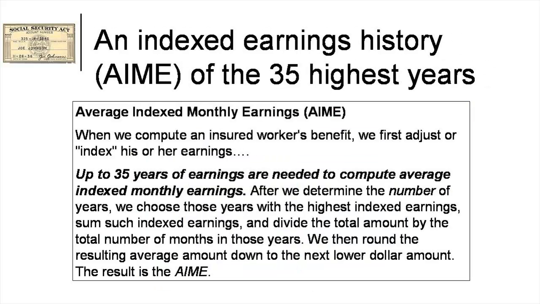Another important feature of this average index figure is that for many workers it includes fewer years of covered earnings than they in fact have. Only 35 years, for example, in the case of a retiree who may have worked 40 years or more. To the extent that there are surplus years with actual earnings, the years with the lowest indexed figures are left out of the AIME, Average Indexed Monthly Earnings calculation.